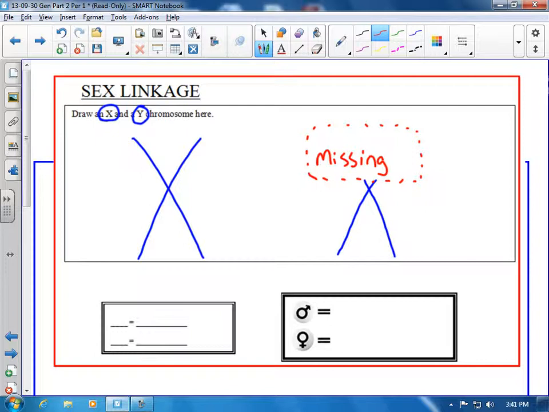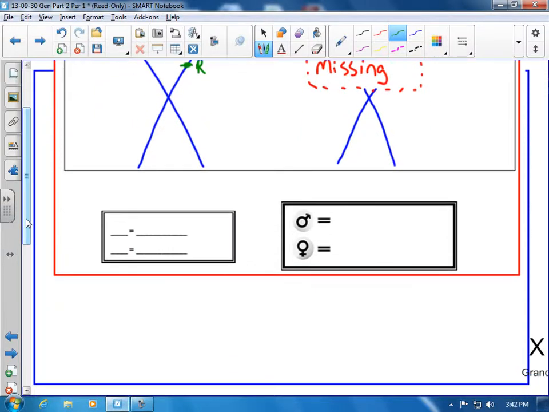So when we think of a sex-linked gene, I want us to imagine that gene being right there. And if something is going to be dominant or recessive, it will be like a big R or a little r attached to the X chromosome. So we would expect to see a legend that would look like an X with a big R might be red, and an X with a little r would be white.